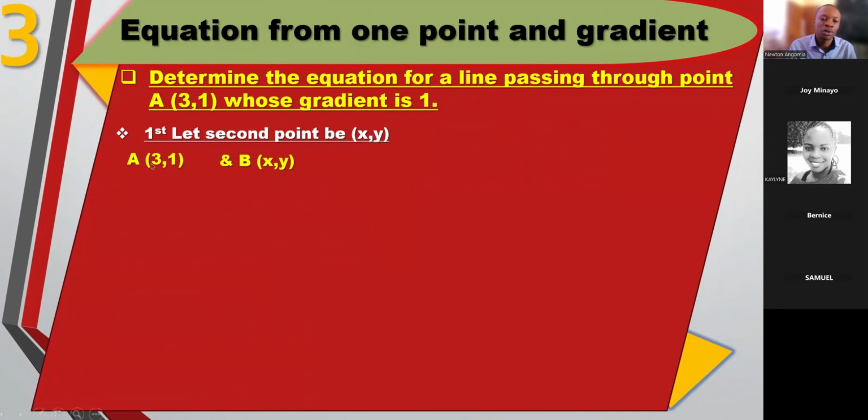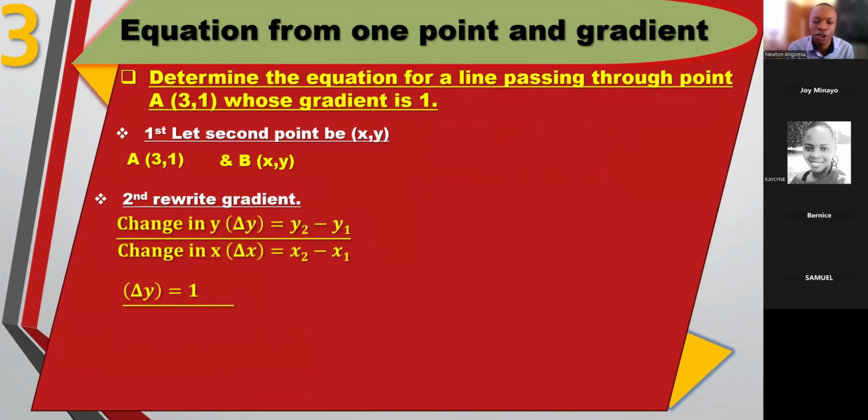So you pick the first point you've been given. Now the second point becomes x, y. Then what you do is you rewrite the equation for calculating gradient, and that will give you the change in y all over change in x. Okay? So therefore, we'll have our point A becoming our first point.